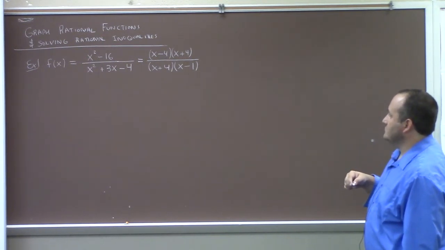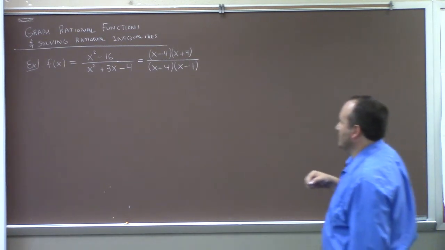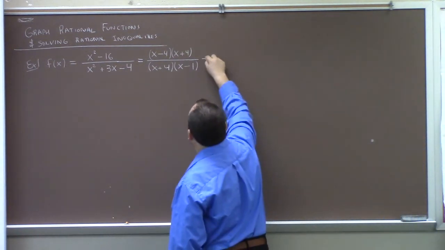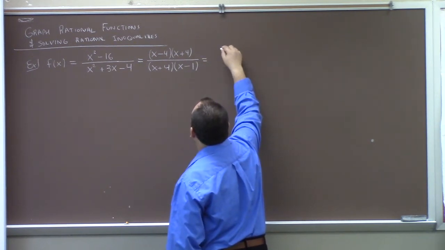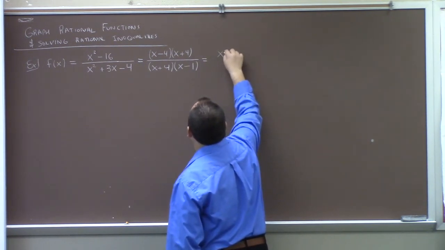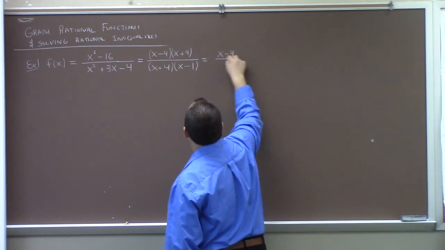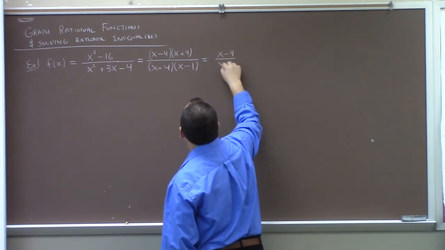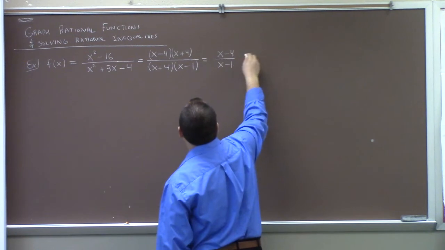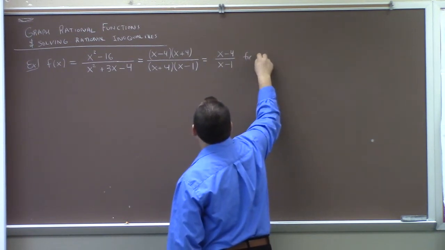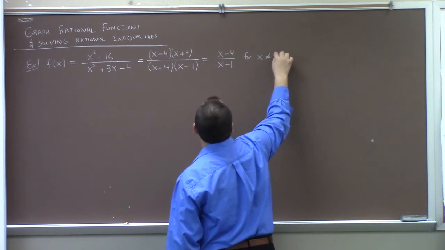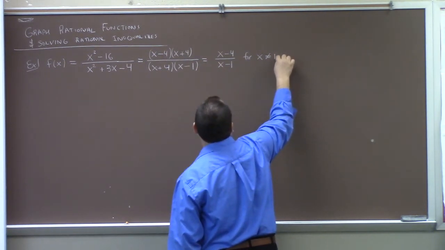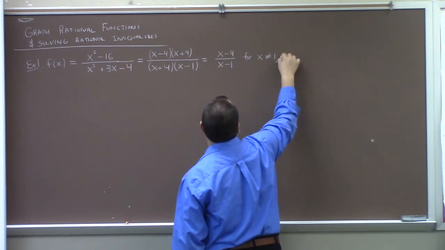Yes, the x plus 4 would cancel. So we'd have x minus 4 over x minus 1, right? For x not equal to 1, of course, but also negative 4, right?